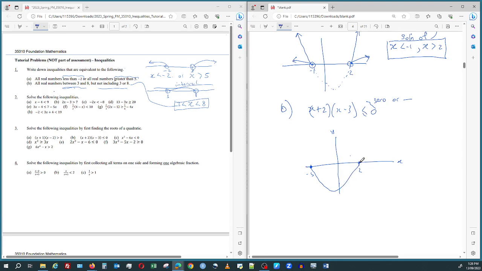Okay, and then up above is of no interest to us because the inequality is demanding this solution. So this represents an interval. We know that we can express an interval as an intersection using the AND idea. So we would have -2 included with x and 3 included. So this represents the solution.